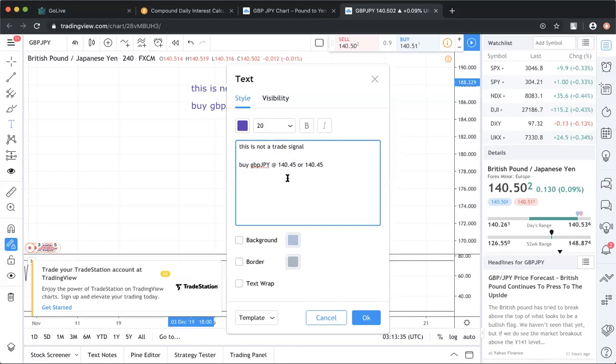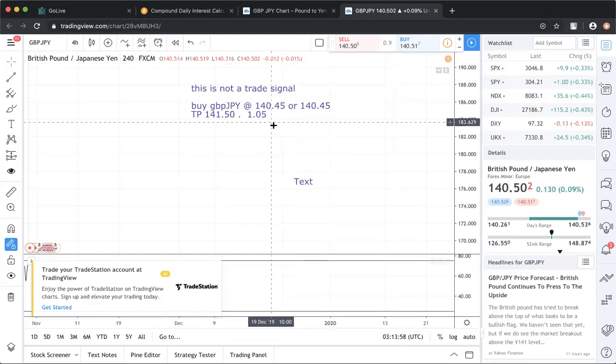Let's say, for example, we have $140.45, and our take profit is at 141.50. What's the difference between 141.50 and 140.45? That difference is $1.05.